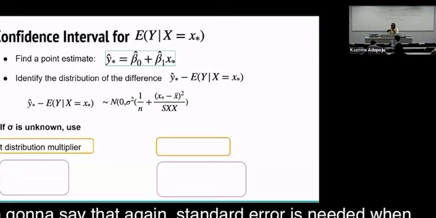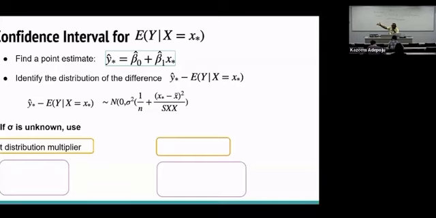Not only confidence interval, even by the time we start hypothesis testing, because we're still going to test hypotheses about parameters, about regression parameters, we need standard error as well.